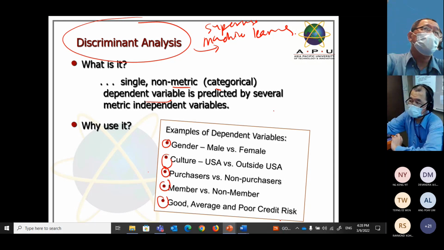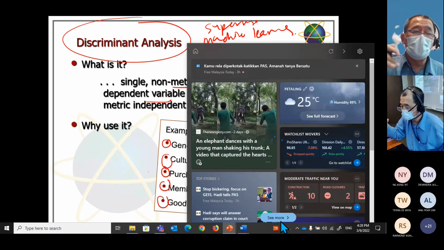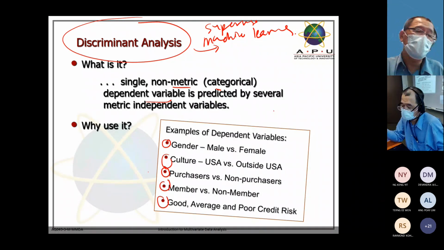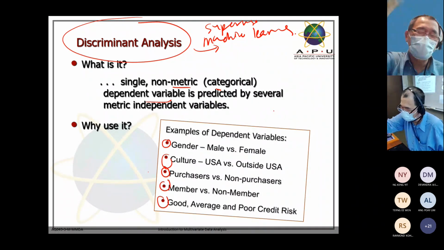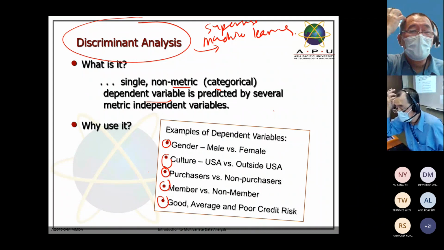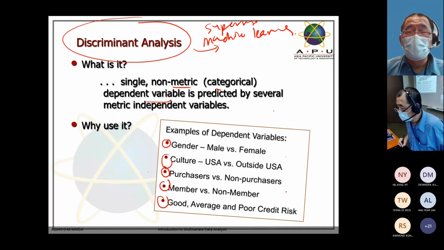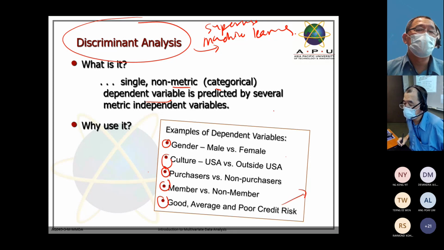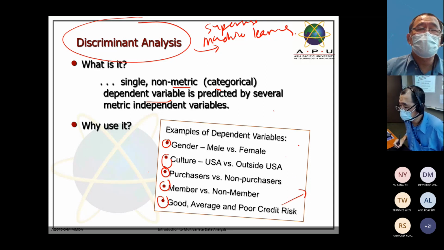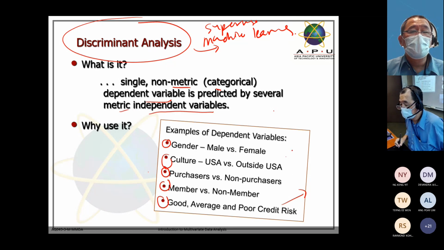So for the bank, the bank should approve the loan or not. Is it a housing loan or credit card loan? Sorry, it's credit card. So the bank should approve or not, and it depends on some factors. We call these factors metric independent variables.